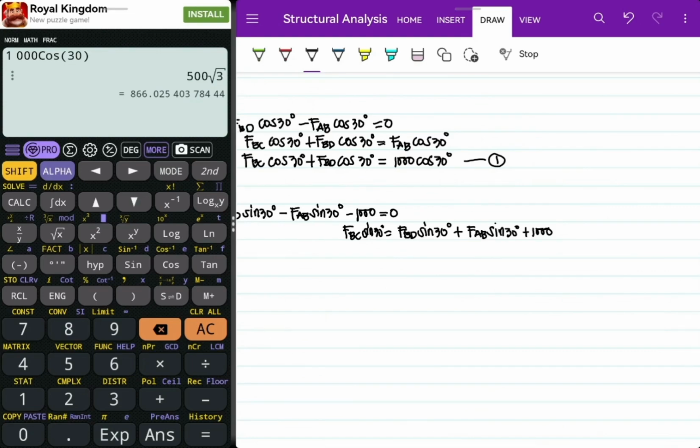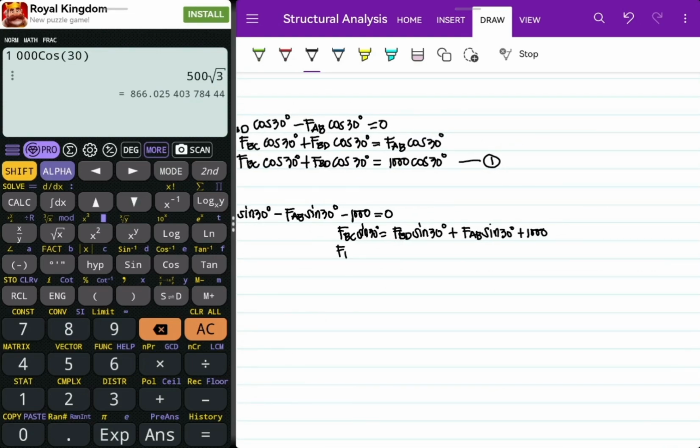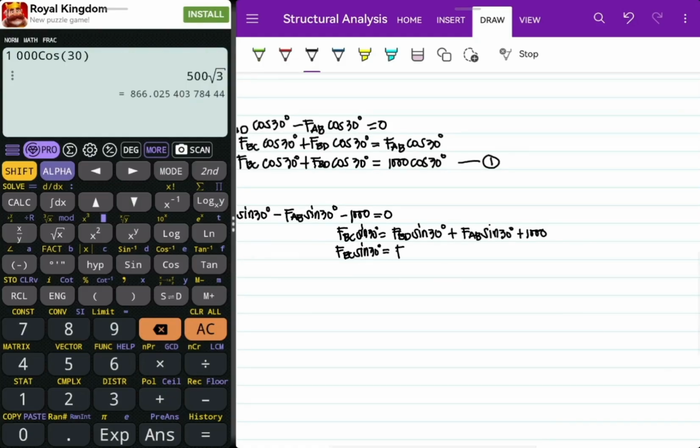AB is given, so we say FBC sine 30 degrees is equal to force BD sine 30 degrees plus 1000 sine 30 degrees plus 1000.